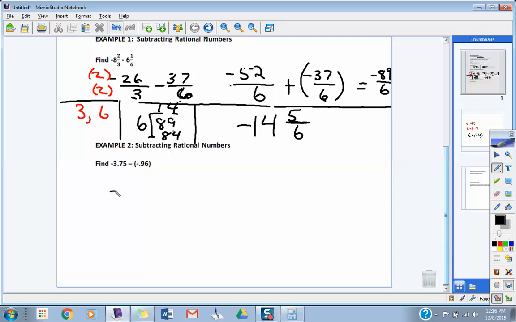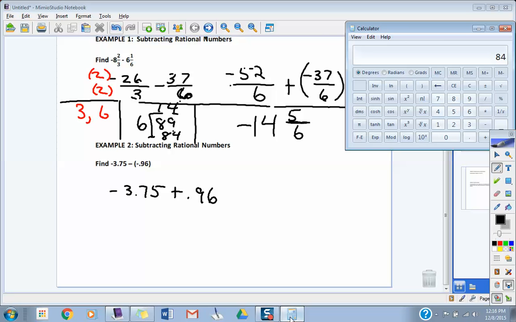So this is negative 3.75 plus 0.96. I'd say once you get to that point right there, just punch it in.